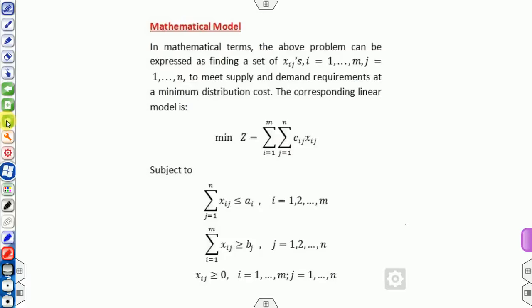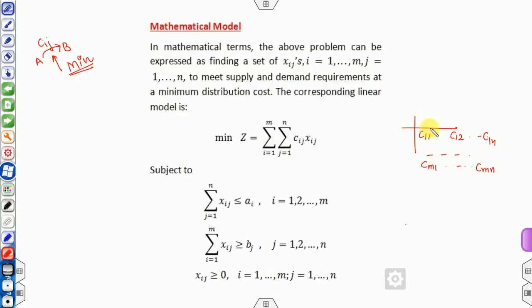So based on it, we can define, because our target is to transfer the products from A to B, definitely there is a cost Cij, and your target is to minimize the total cost. So what will be the total cost? If this is my C11, this is my C12 and so on, up to Cm1 and Cmn.